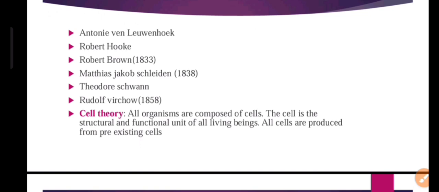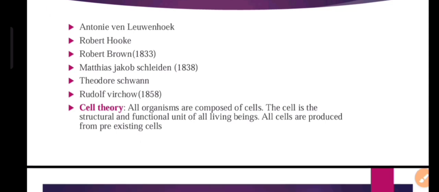Using these conclusions, the cell theory was created: all organisms are composed of cells, the cell is the structural and functional unit of life, and cells are produced by pre-existing cells.